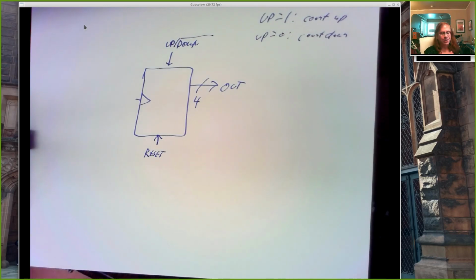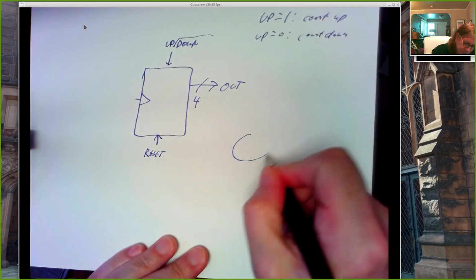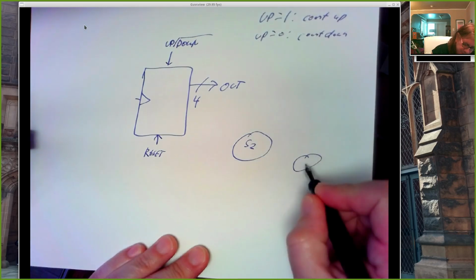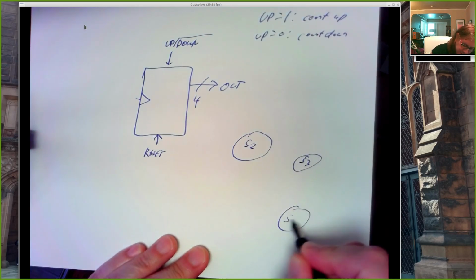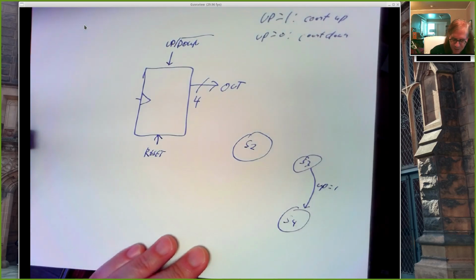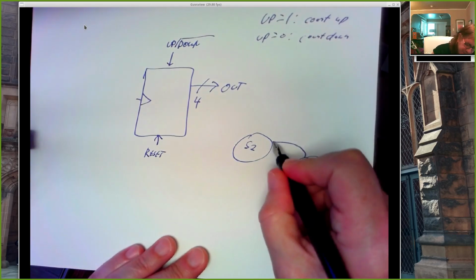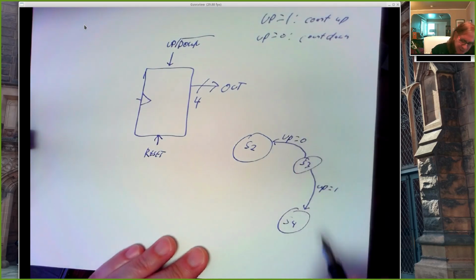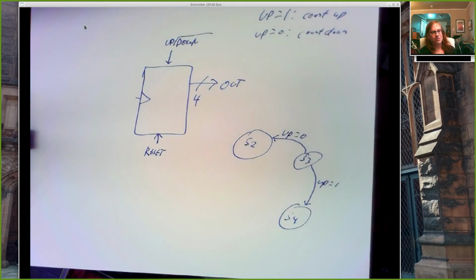So now we've got a more complex state machine. It has this additional input that controls what the new state is based on the previous state. And the diagram would be something like state 2, state 3, state 4. And if up equals 1, state 3 should go to state 4. If up is equal to 0, state 3 should go to state 2, and so on.